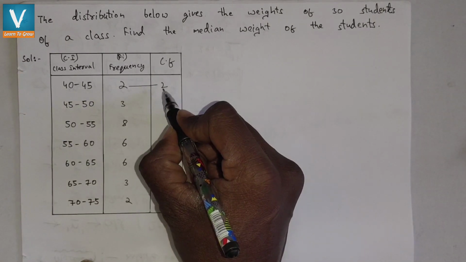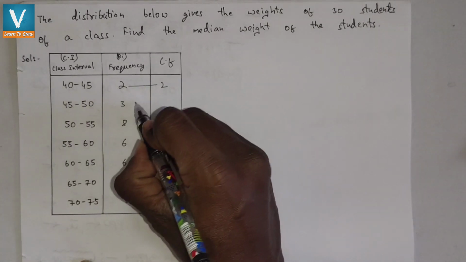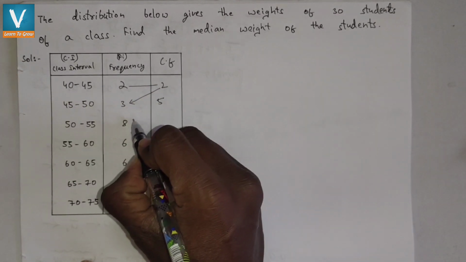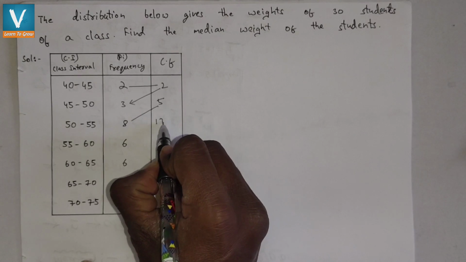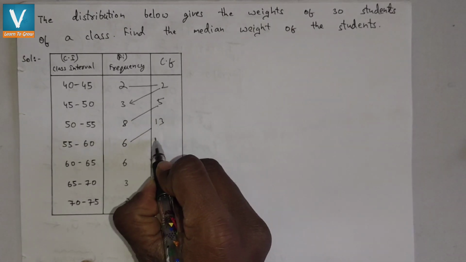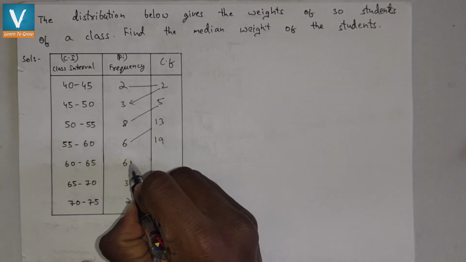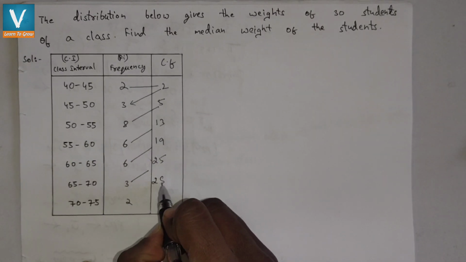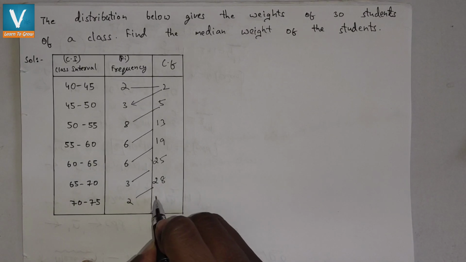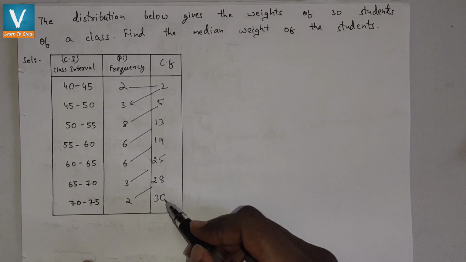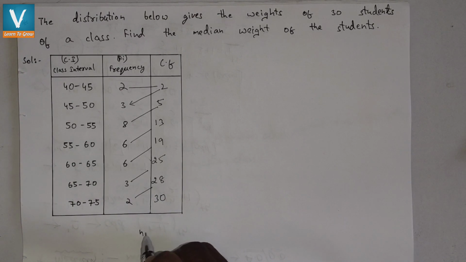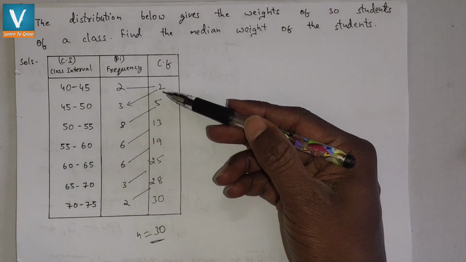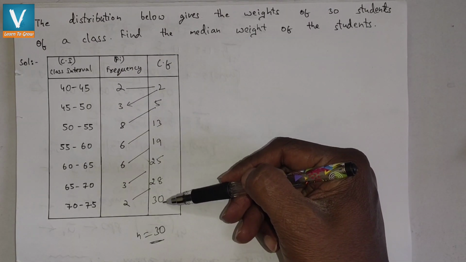Then we add the frequency to the next one: 2 plus 3 becomes 5, and 5 plus 8 is 13. 13 plus 6 is 19, 19 plus 6 is 25, 25 plus 3 is 28, and 28 plus 2 is 30. So we got the n value: n equals 30, which is the number of observations.